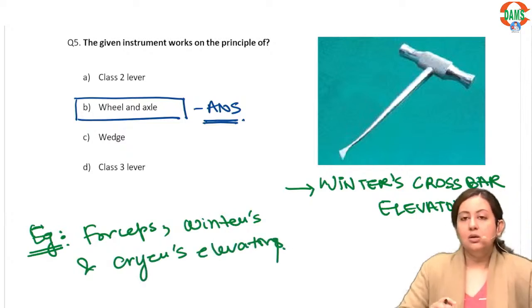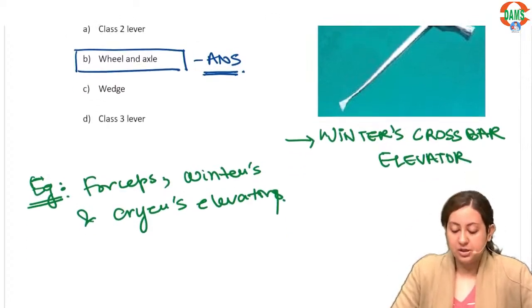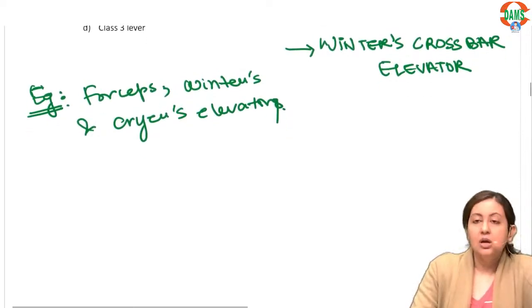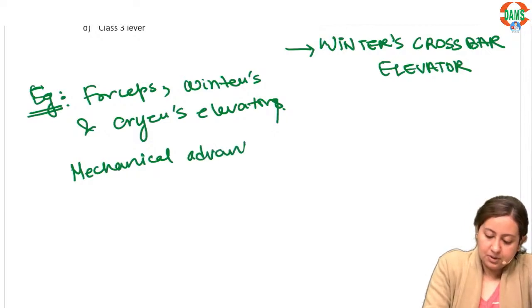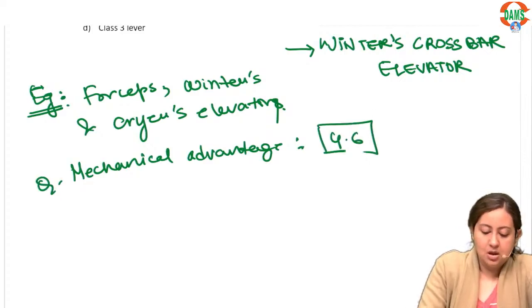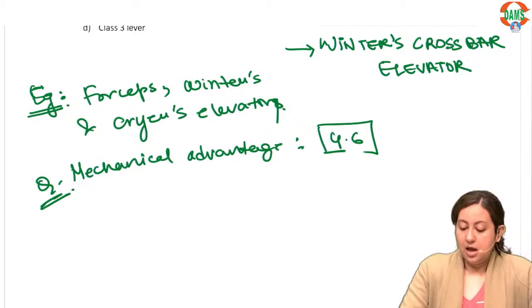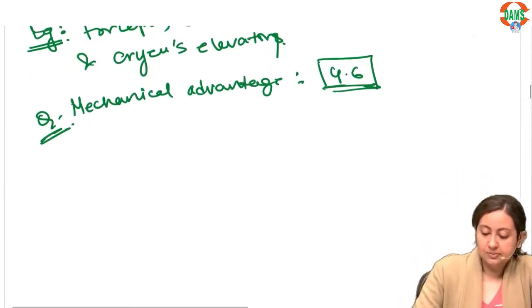These are all examples of the wheel and axle principle. Now we will quickly revise a few points. The mechanical advantage of Winters wheel and axle principle is 4.6. This is a direct question point. The mechanical advantage is 4.6.